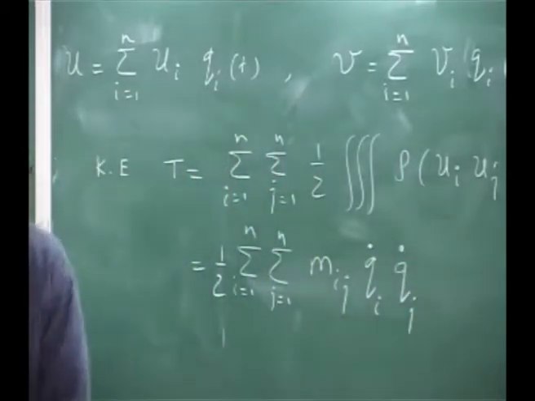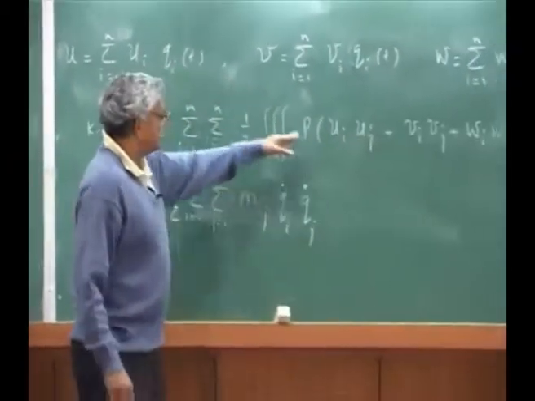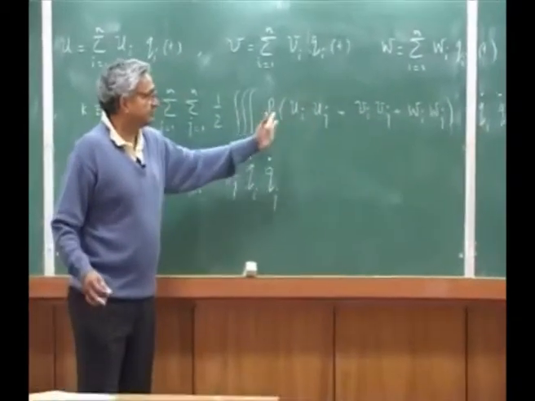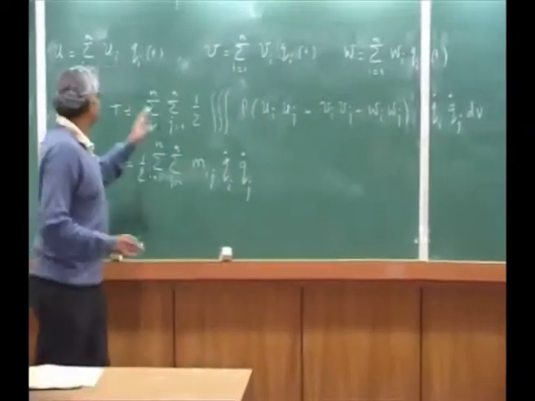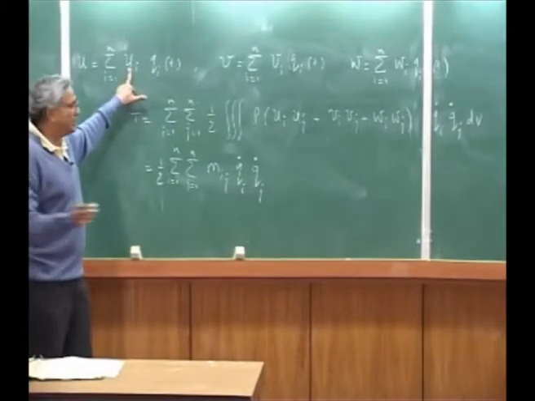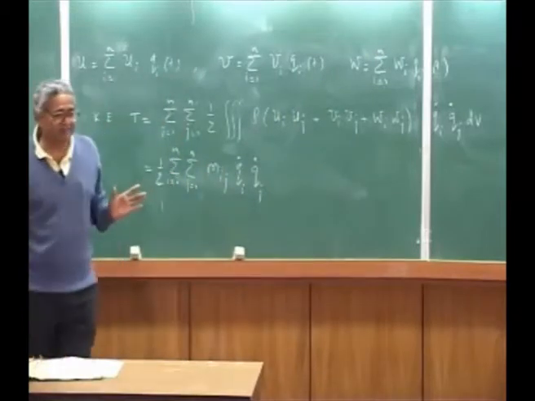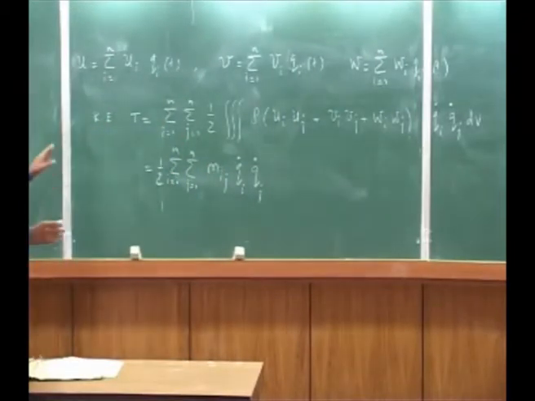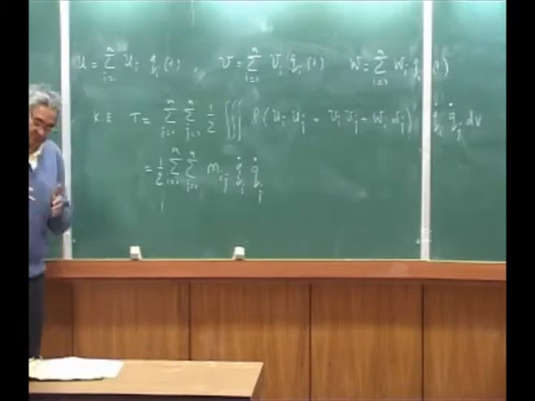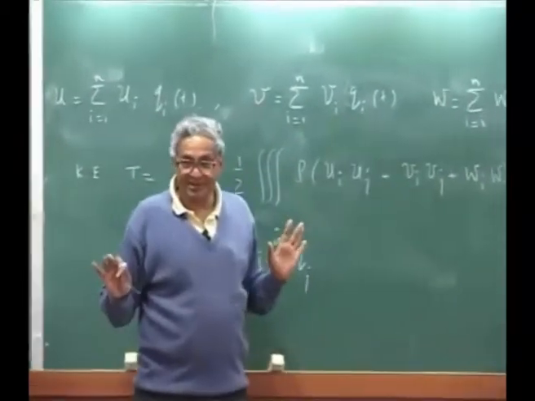Because the integral is over the domain, the volume, these are all only functions of x, y, z, ui, vi, wi, like we used earlier. Whereas u is a function of x, y, z, t. This is also x, y, z, t, similar to that.